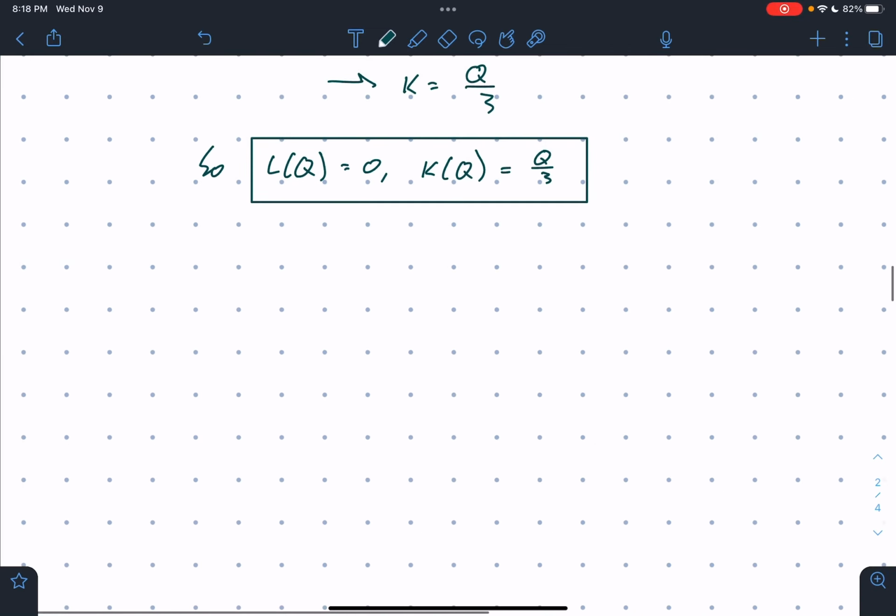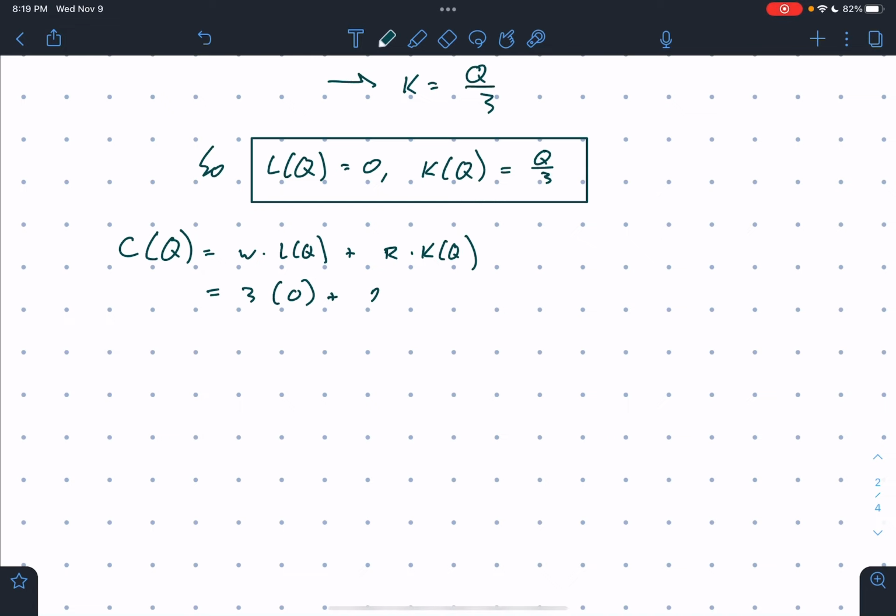Now, the cost function, that's the thing we want to find. This equals W times L of Q plus R times K of Q. So this is W times 0 plus, I'll just plug in the values for W and R, even though it doesn't really matter, 2 times Q over 3.